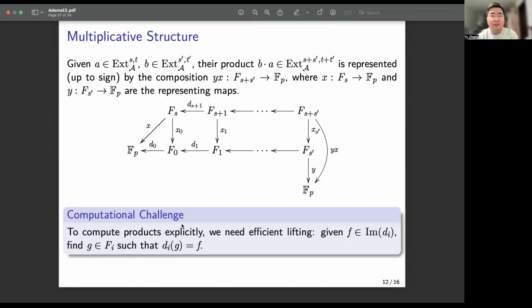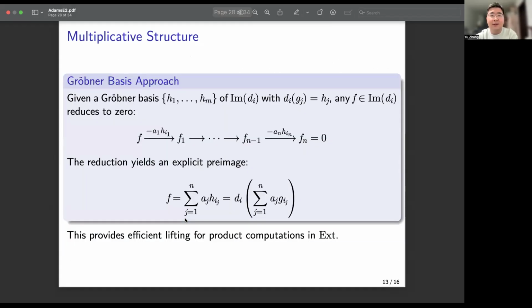Well, with a global basis, we have an efficient way to do this. Recall that in the previous step, we have already constructed a global basis of the image of the structure maps. And also for each of these elements, we have already chosen a pre-image h_i.